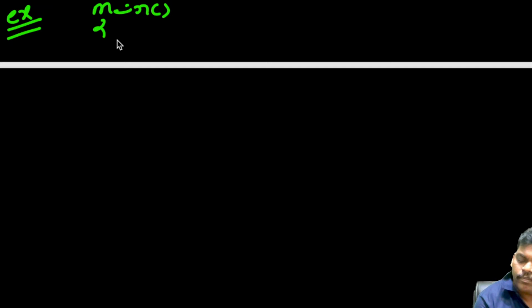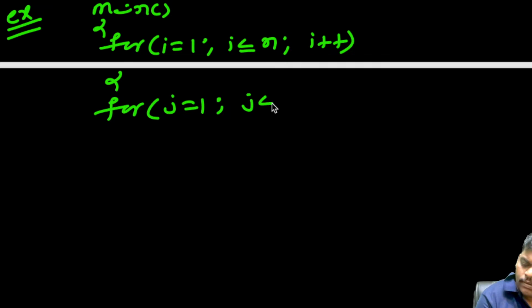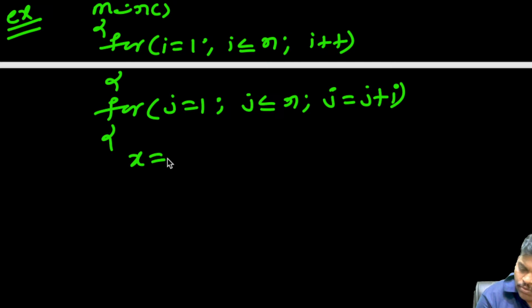main, for i is equal to 1, i less than or equal to n, i plus plus, for j is equal to 1, j less than or equal to n, j is equal to j plus i, x is equal to y plus z.